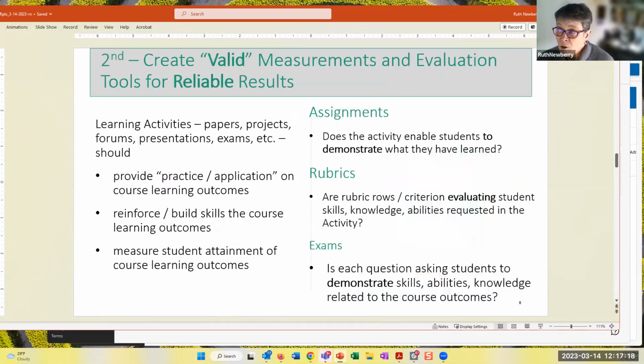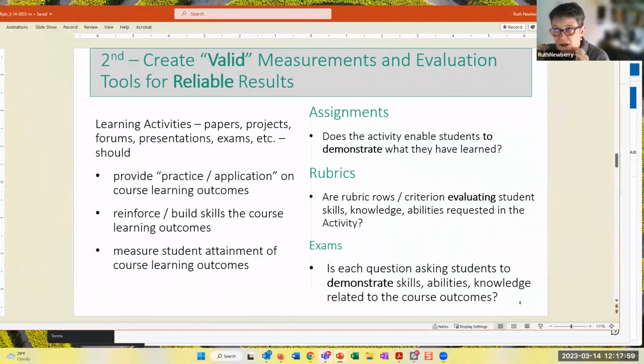The next, though, is critically important to thinking about the reports that we're going to get out of EAC. And that is when we create those learning activities, papers, projects, discussion forums, presentations students are going to do, group work, exams, they really need to be aligned to those course learning outcomes in the sense, again, they're either providing practice for the students, so more formative kinds of uses.